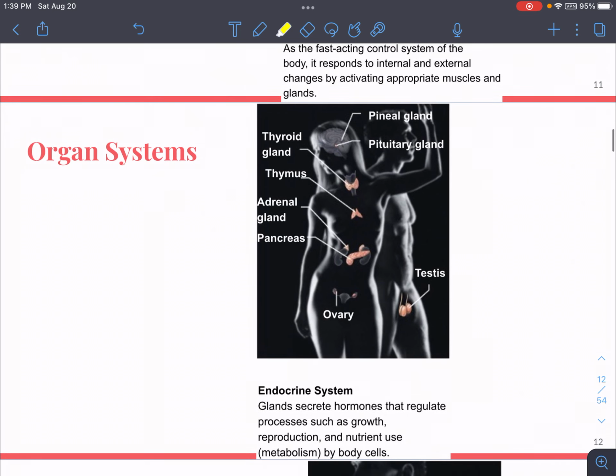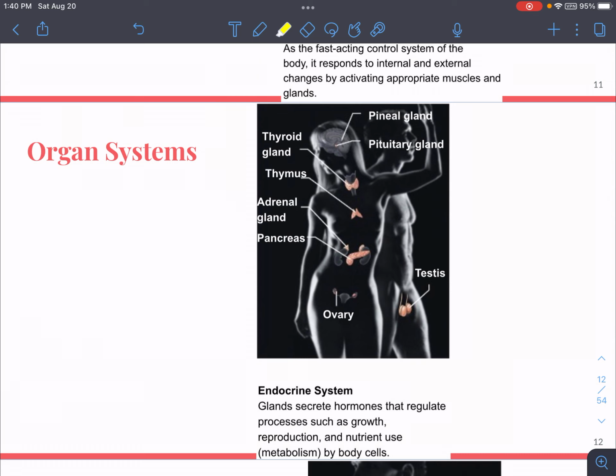Part of Anatomy 2, we look at the endocrine system. Your endocrine system is what produces all the hormones in your body. So there are 2 endocrine glands in your brain. There's the pineal gland and the pituitary gland. We also have the thyroid gland in your neck.